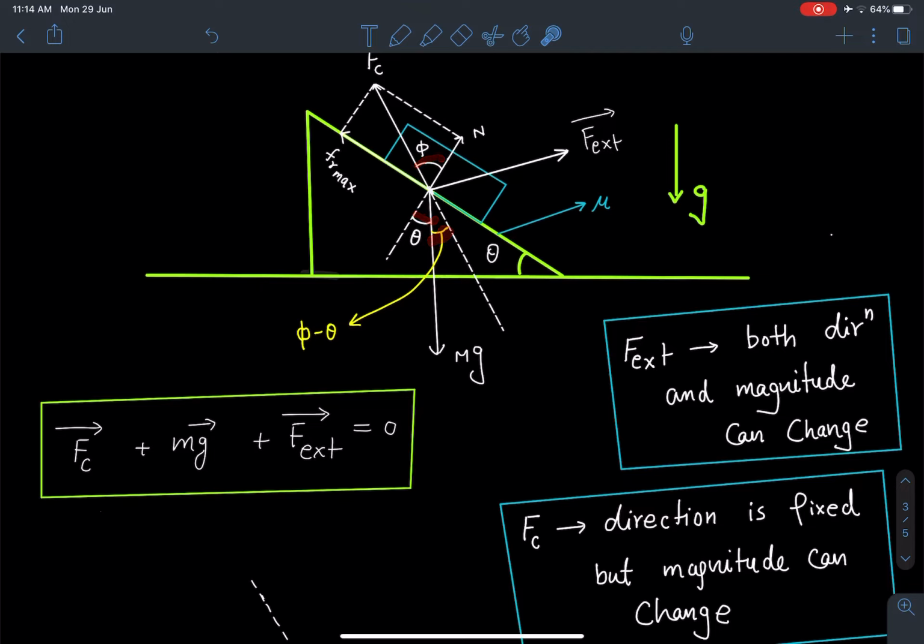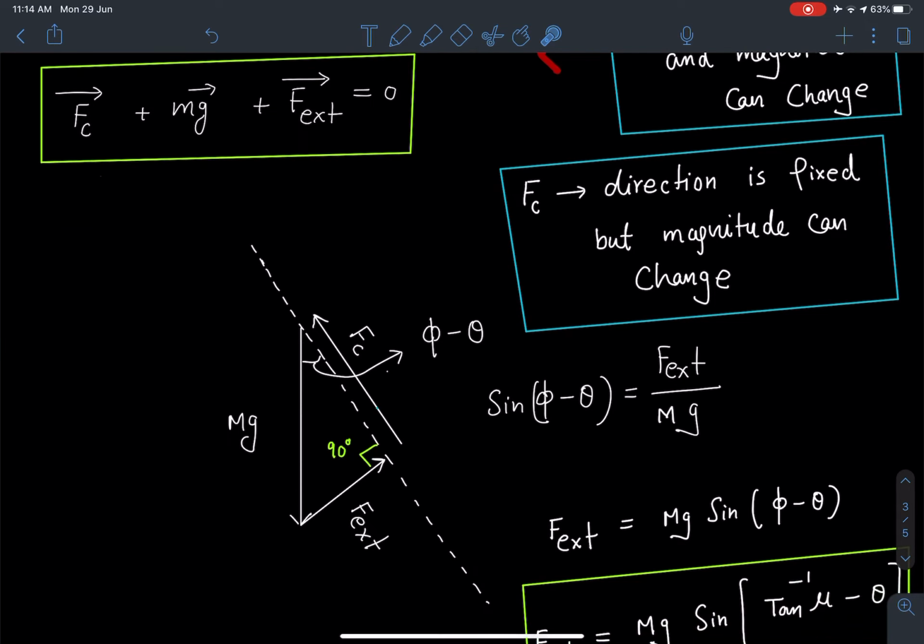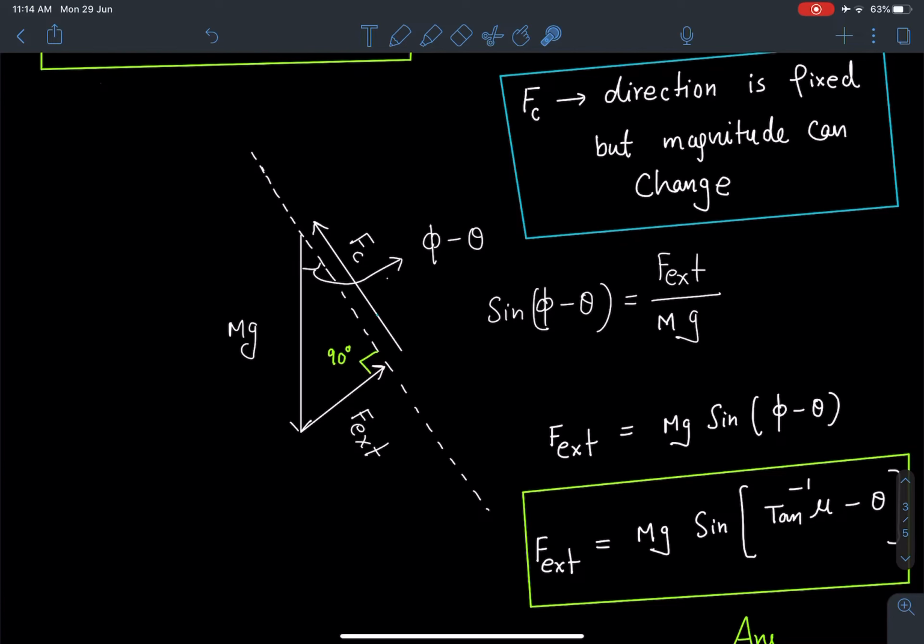That means the line of action of Fc is making an angle of phi minus theta with the line of action of mg. So here, as you can see, mg is a fixed vector, so I am drawing this vector and this is fixed for me, and I have to construct a vector triangle in such a way that it should form a closed curve, because the total resultant is 0. So tail head, tail head, tail head, the final vector must reach the initial tail.